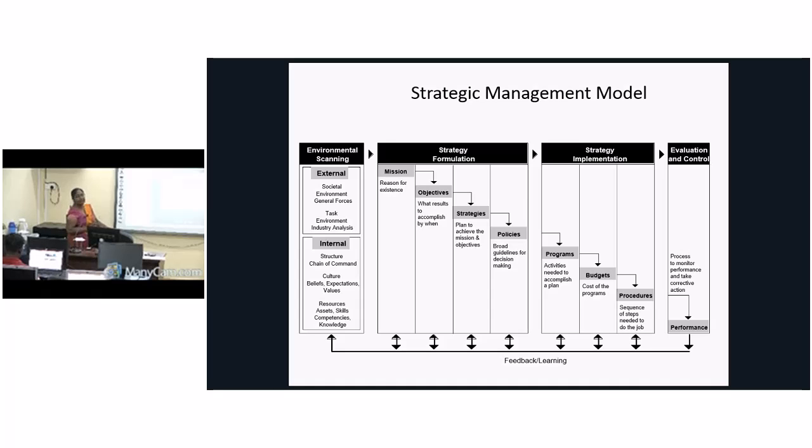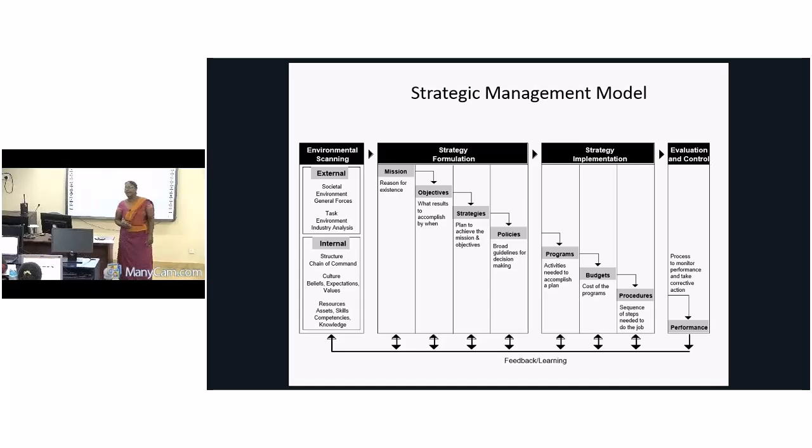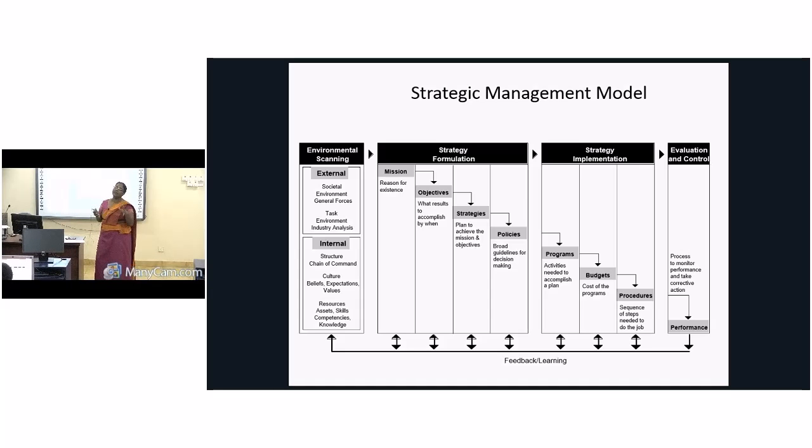So, under environmental scanning, as I said last day, the external environment and also the internal environment should be looked at. In external environmental analysis, we discussed last week, you basically do competitive analysis or industry analysis. In strategic management, when you look at the external environment, you find different elements.